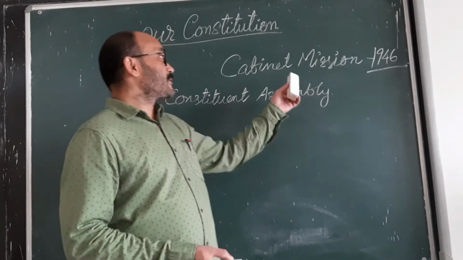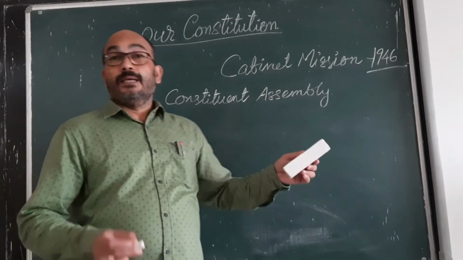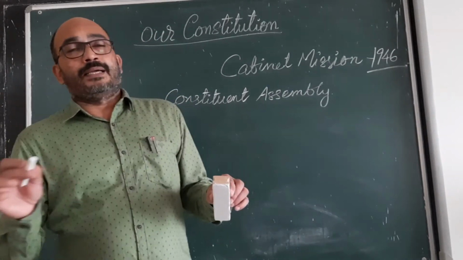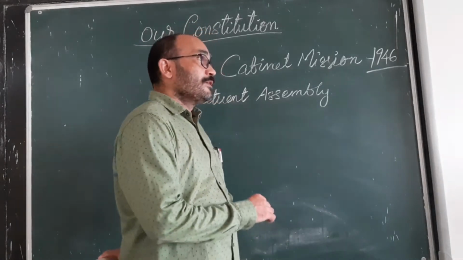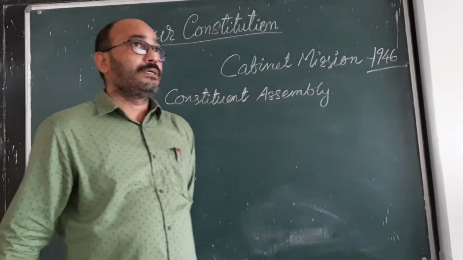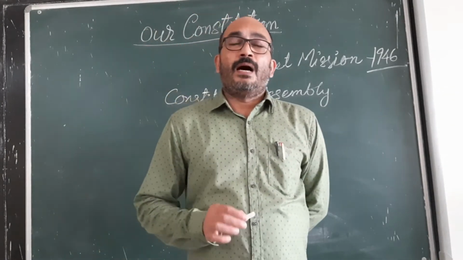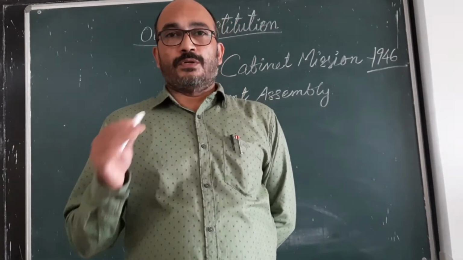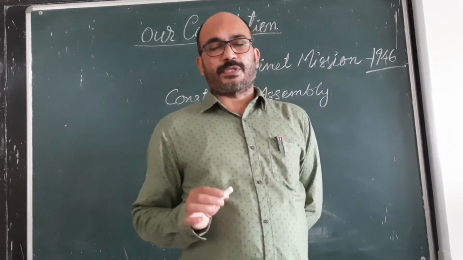So as per the proposal of the Cabinet Mission to form a constituent assembly, elections were held in India in 1946. Thus the constituent assembly was formed, which contained 385 members. And the constituent assembly started the constitution making process.